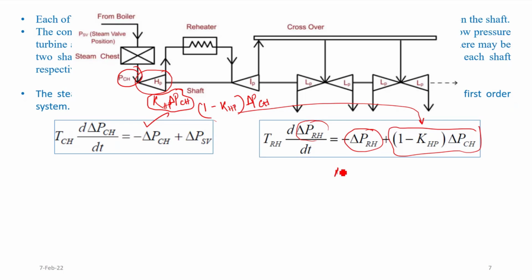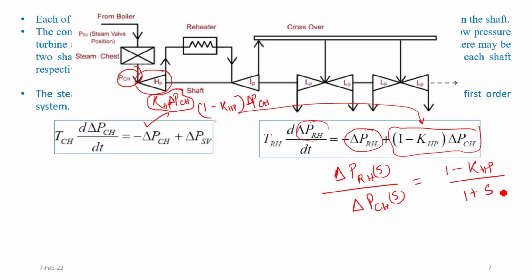If I write delta P_RH by delta P_CH, the transfer function will be (1 - K_HP) divided by (1 + s T_RH).